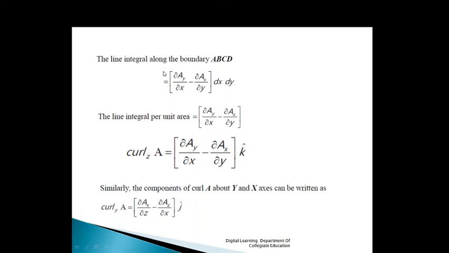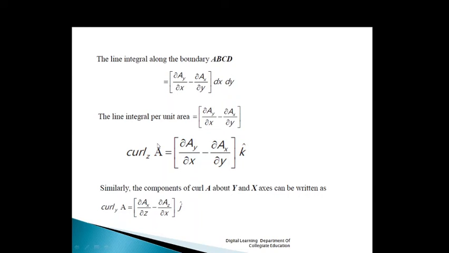Line integral along the boundary ABCD gives rise to ∂Ay/∂x minus ∂Ax/∂y into dx dy. Line integral per unit area, after dividing by dx dy, equals ∂Ay/∂x minus ∂Ax/∂y.